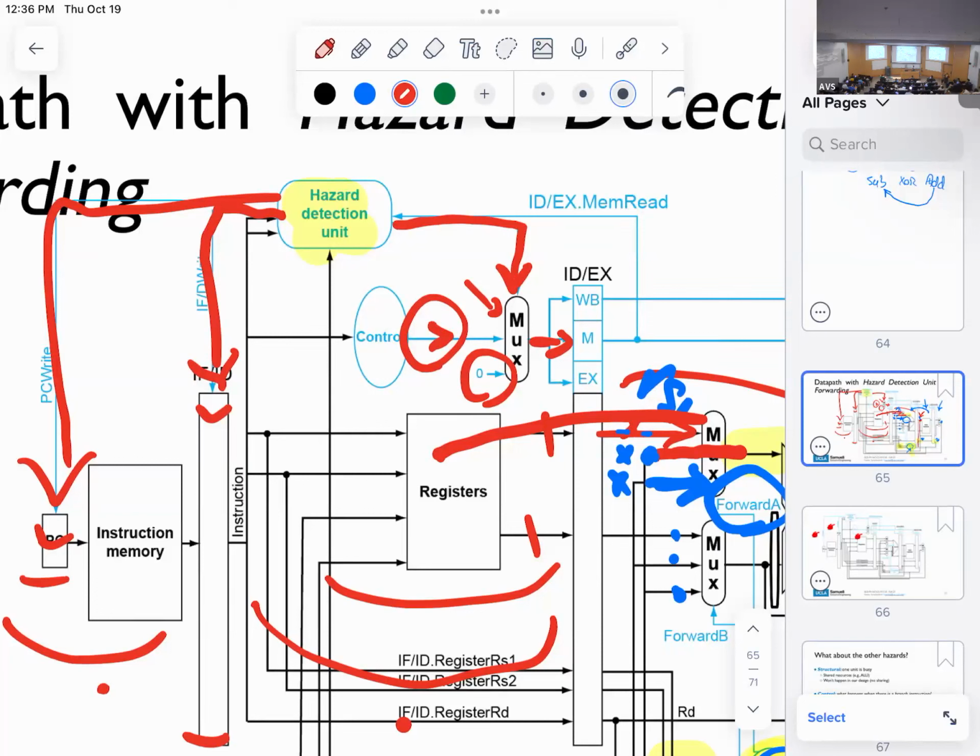In other words, these 2 signals are always 1 unless we want to stall the fetch and decode stages. If we want to stall those, then they become 0, which means that these 2 registers won't get updated. They still contain the same value that they have, okay? But the rest can just move forward regularly, right? So this is the idea.